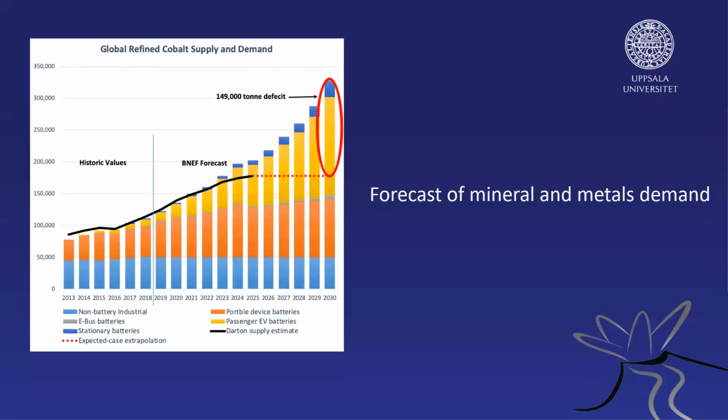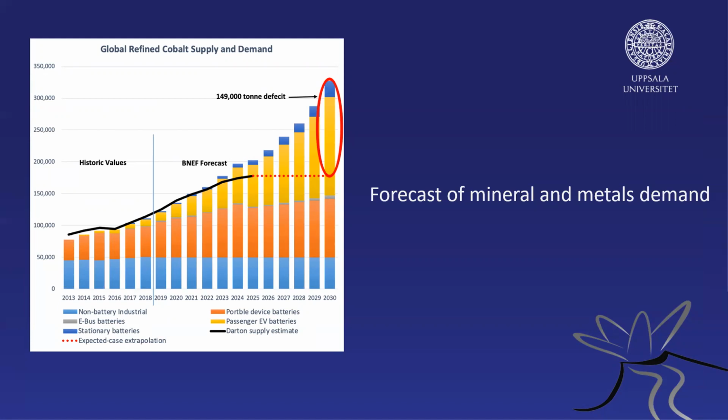And this one is also another way to illustrate that. This is the demand. That's the curve of expected supply, and this is what we need. We need a lot.